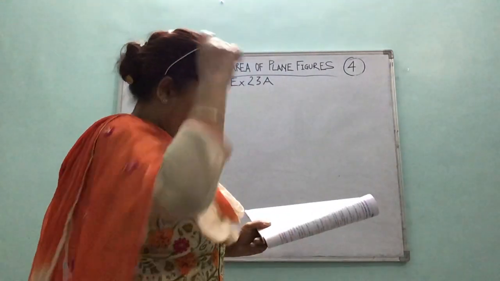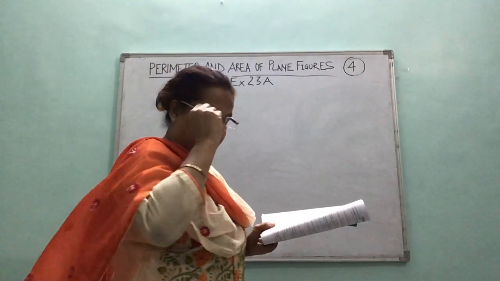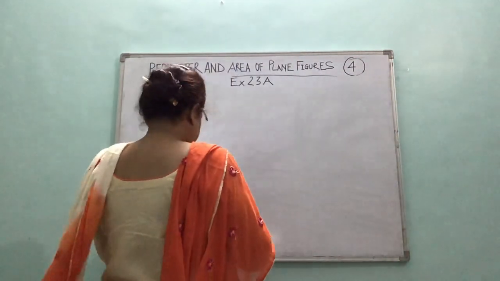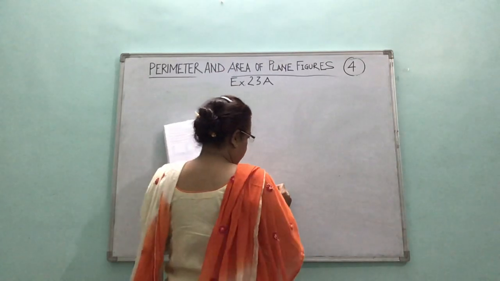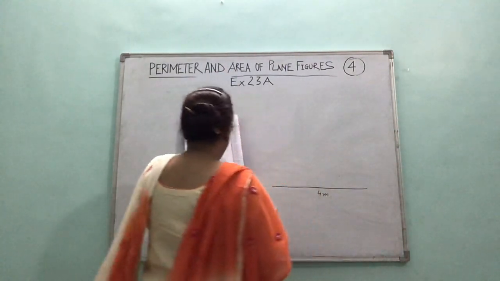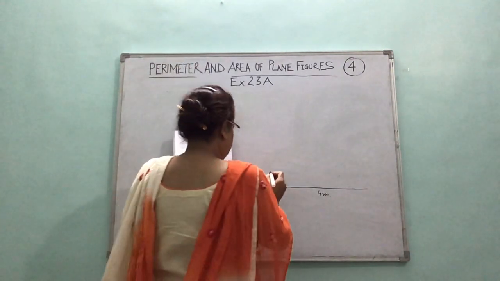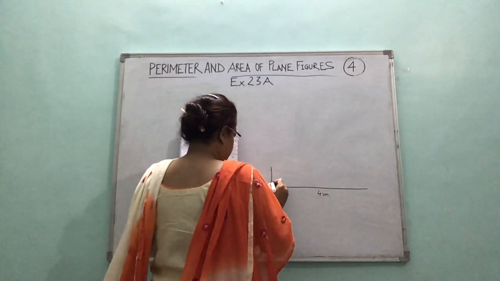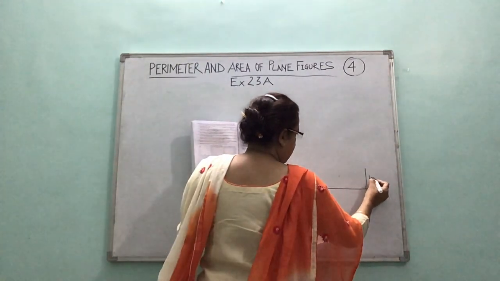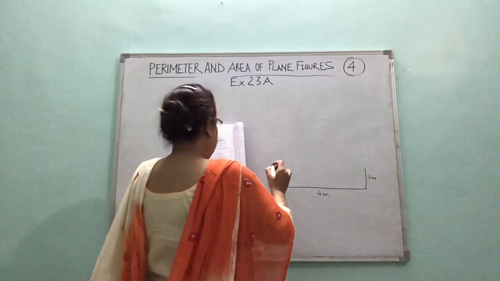So let's draw this. 4 meter. The base is 4 meter. Then it is 1 meter. So both sides it will be equal, children. Only one side they have written, but it means both are 1 meter.